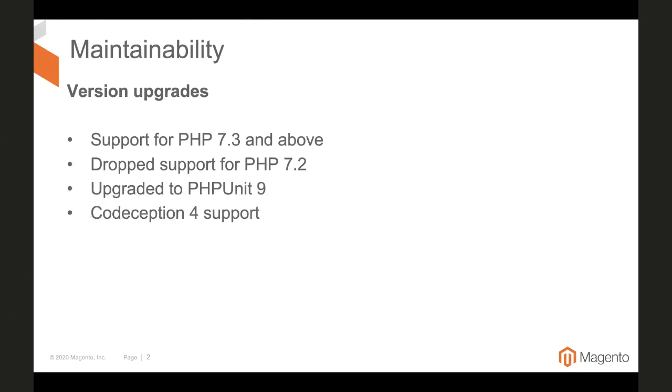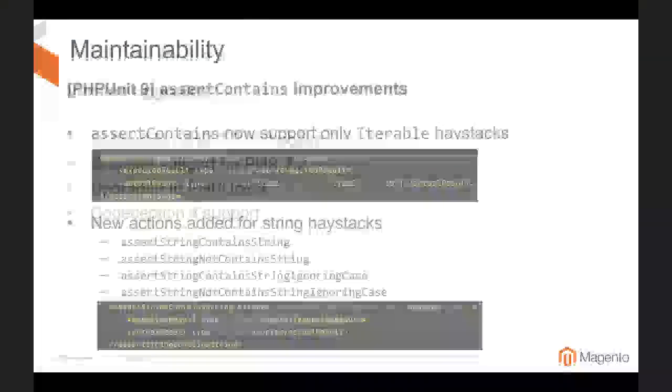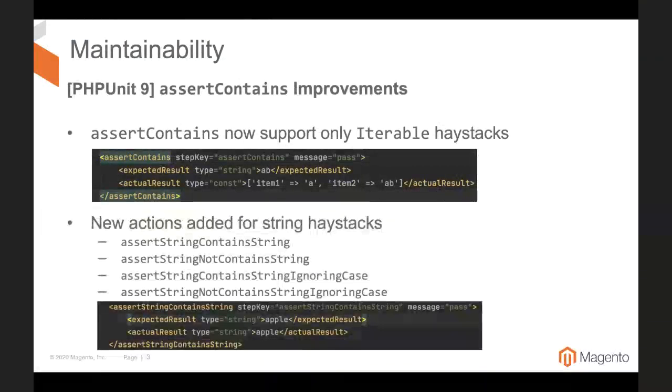What we've seen is with PHPUnit 9, there is a significant amount of changes to the way assertions work. So I'll talk a little bit about the assertContains improvements that PHPUnit 9 has brought in, and that we've incorporated in MFTF. The change to assertContains is that it now supports only iterable haystacks.